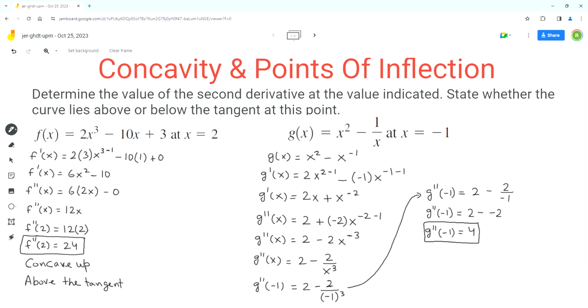Now we have to state whether the curve lies above or below the tangent at this point. So again, we find that the second derivative value at x equals -1 is greater than 0. That means at x equals -1, the curve concaves up. So that means the curve is above the tangent.